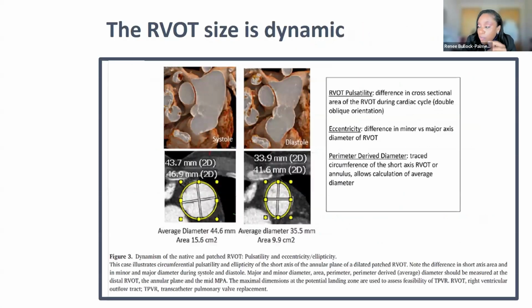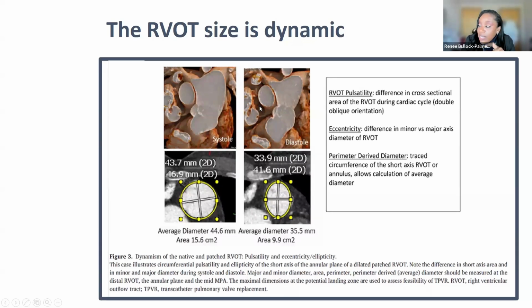And remembering that when we're checking these measurements, we measure both in systole and diastole, usually at the 30% phase of the cardiac cycle and at the 70% phase. You're looking at the eccentricity of that RVOT, as well as the perimeter of the RVOT, both in systole and diastole.